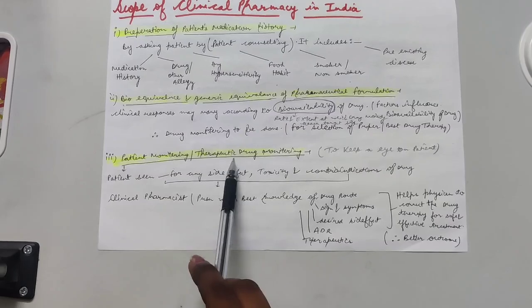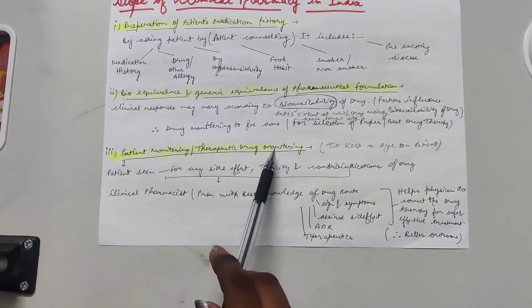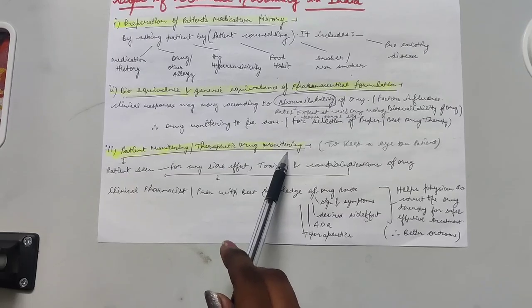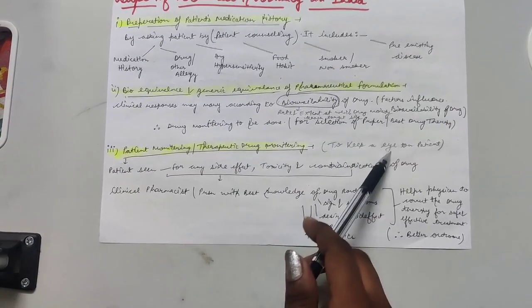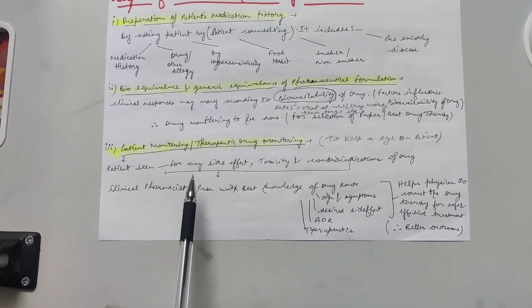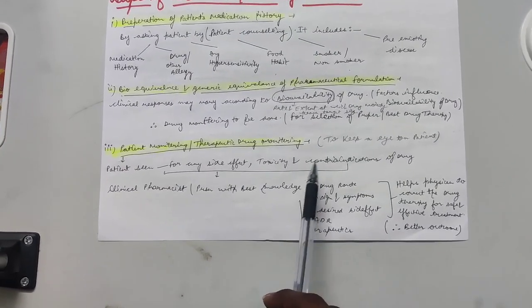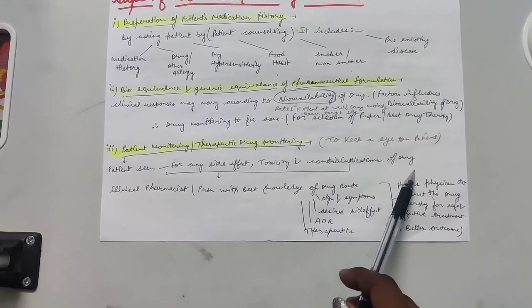monitoring, therapeutic drug monitoring. Therapeutic drug monitoring is also known as TDM. It is to keep a check on a patient. We will see the patient on a daily basis on the basis of side effects of the drug, toxicity effects and any contraindication of the drug.